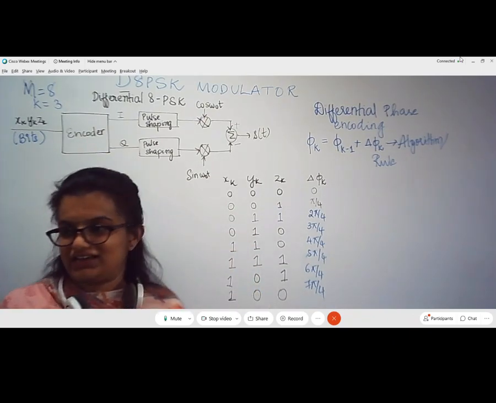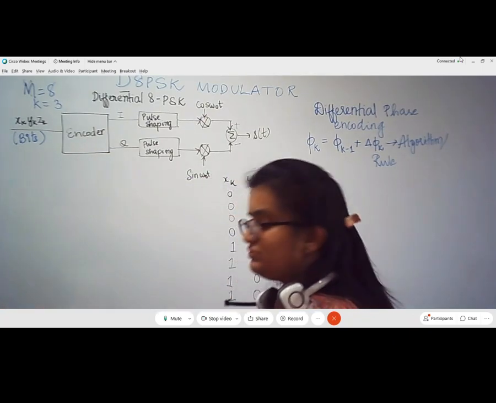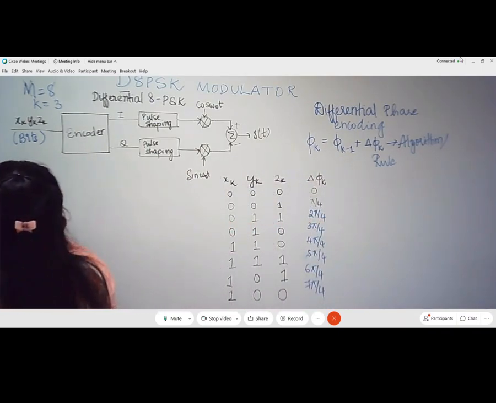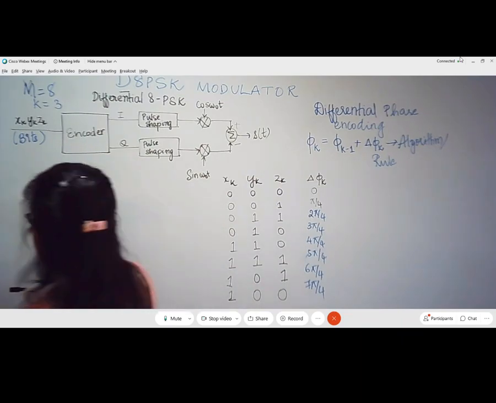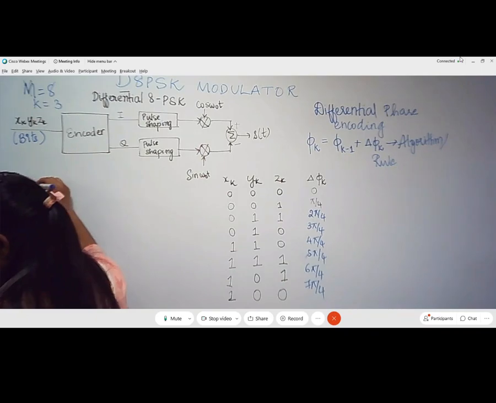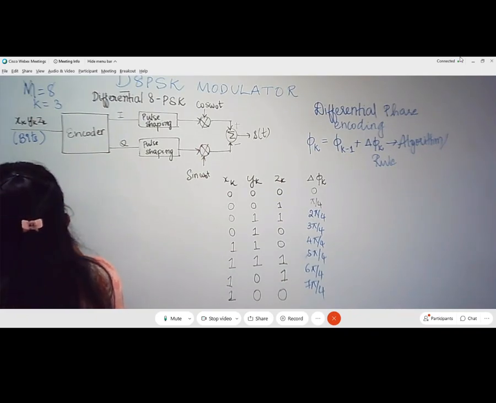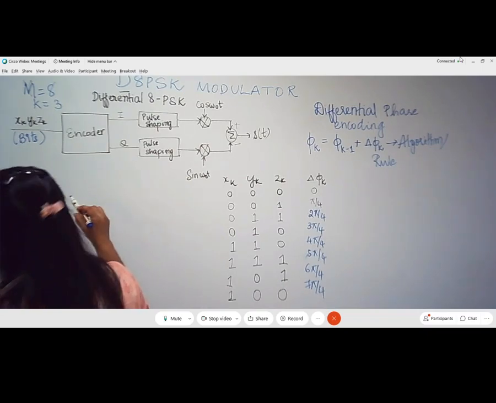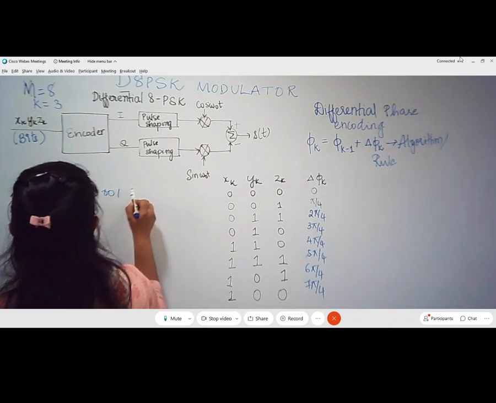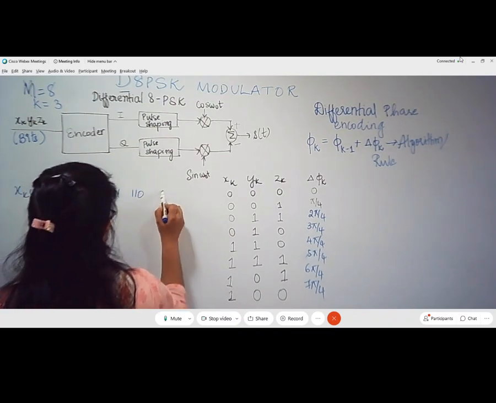So I'm going to erase this part. I'll keep this table as is because I want this. Now I will make a random bit stream and group it into sets of 3. So xk, yk, zk, I will be transmitting 110, 001, 110, 010.